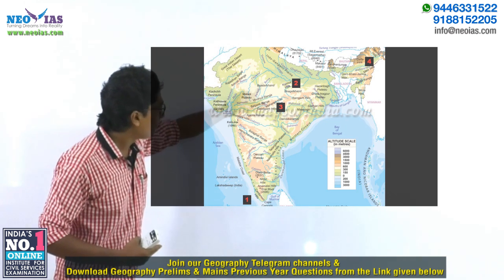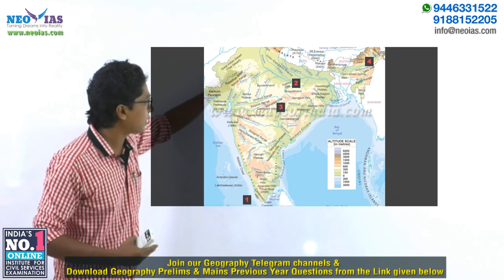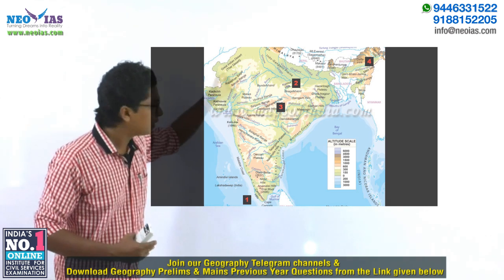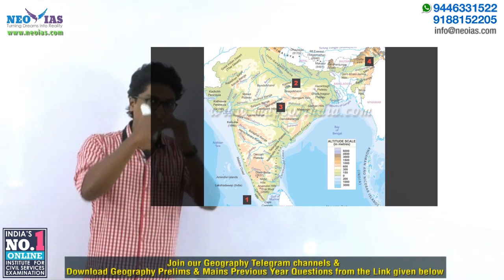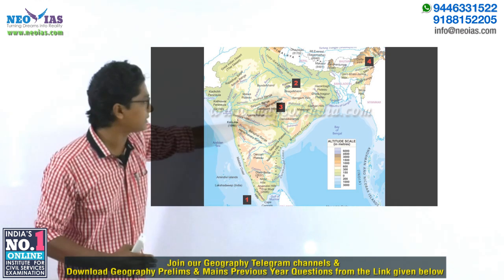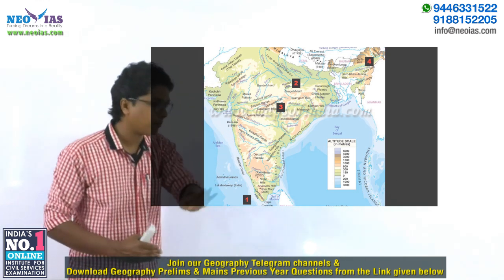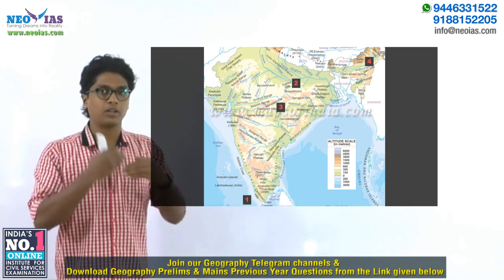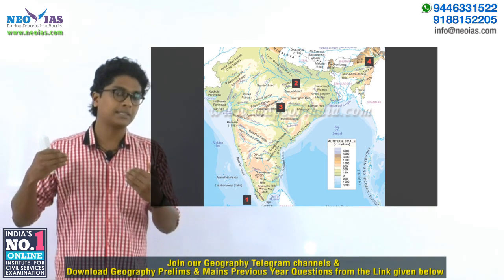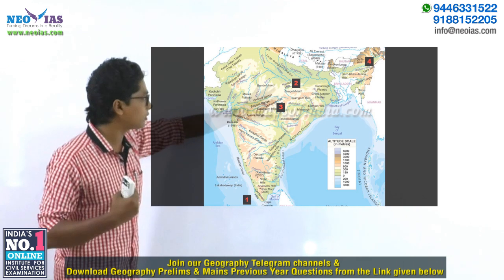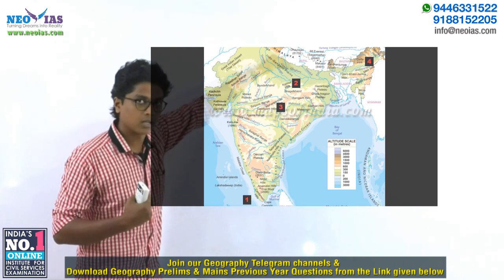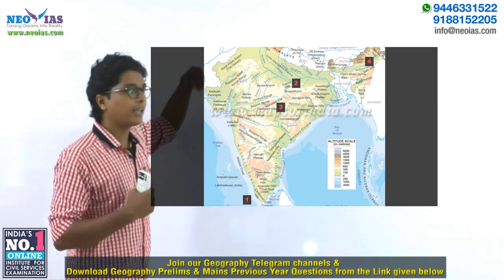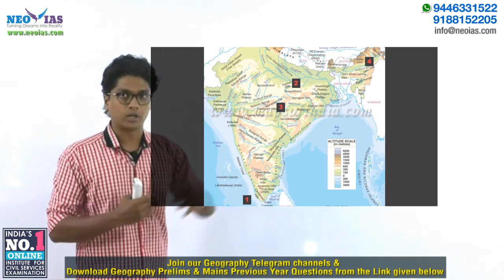Say Ken, Betwa, Chambal or Son, all these rivers are flowing into the plains, because the slope of the land is such that the Peninsular Plateau is an elevated region, while the plain is a region at lesser elevation, having a lesser slope. So the rivers will be flowing from this peninsular region towards the northern plain. So when you are studying a hill, also study the rivers which start from there, in that order, right?